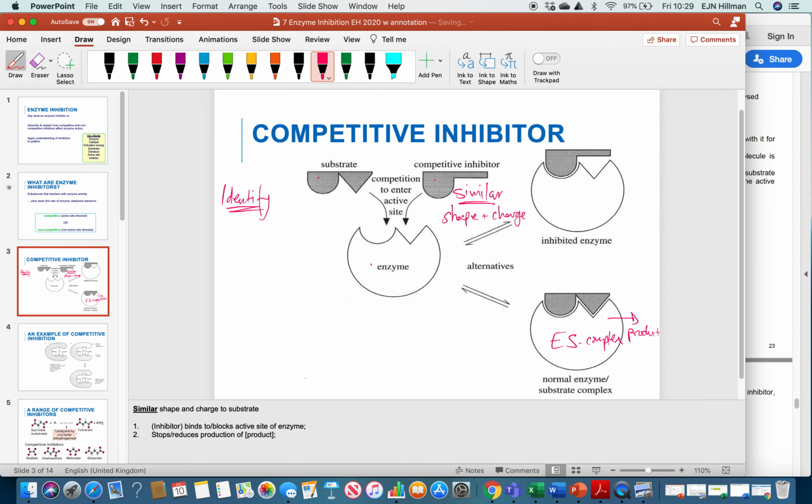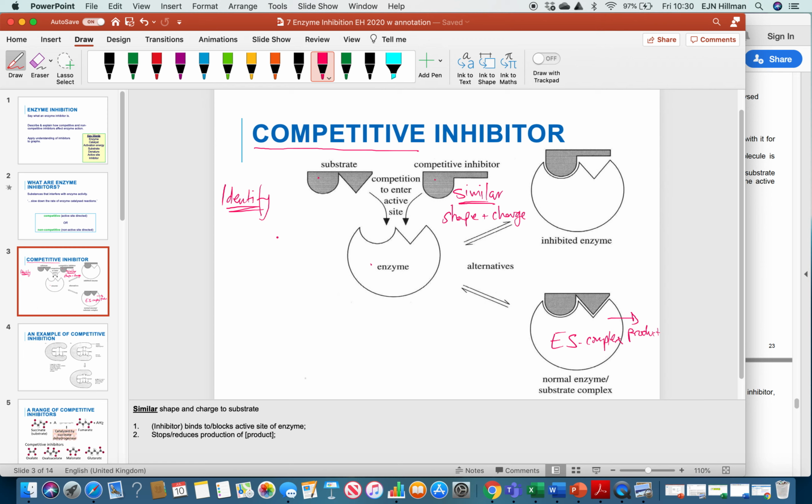And as they have a similar shape and charge, they can compete with, that's where that idea of competitive comes from, the substrate for the active site. So an inhibited enzyme has this competitive inhibitor bound to the active site that will block the active site of the enzyme and either stop or reduce the production of this product.